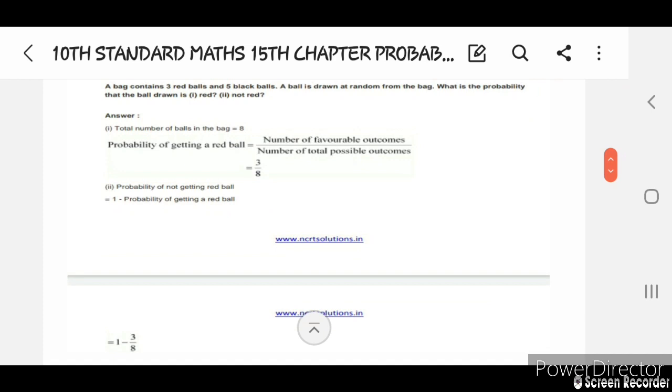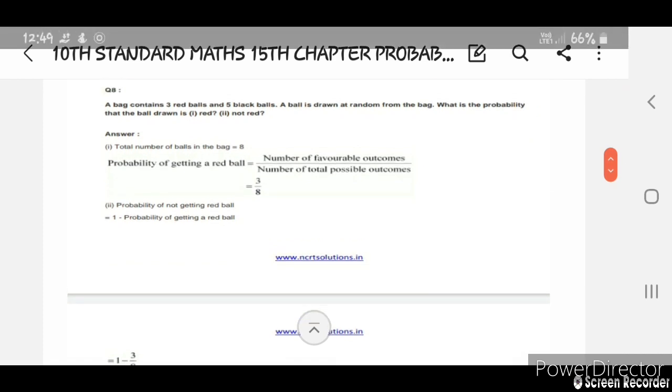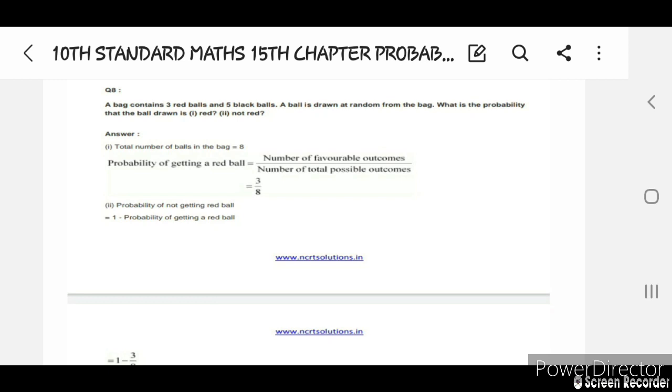Next question: a bag has 3 red balls and 5 black balls. You randomly take a ball from that bag. What is the probability that the ball you have taken is red?